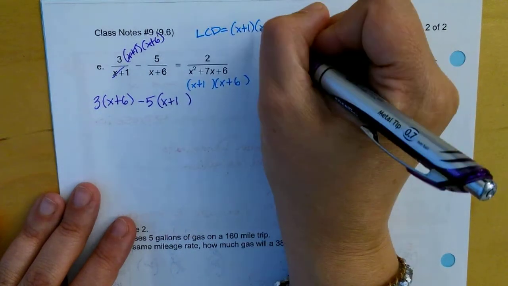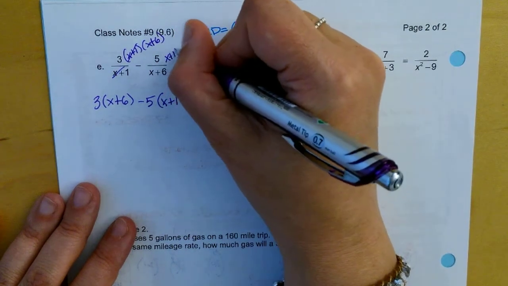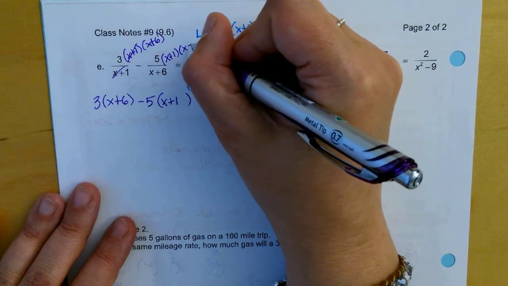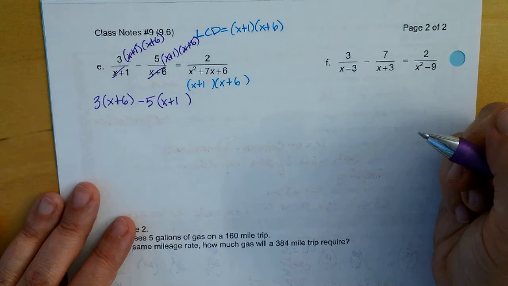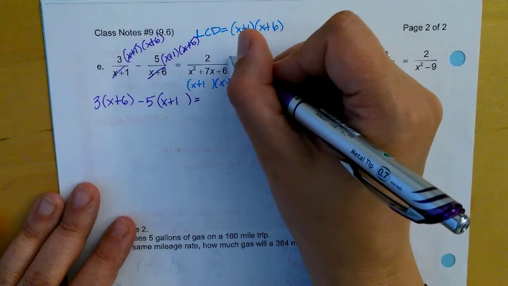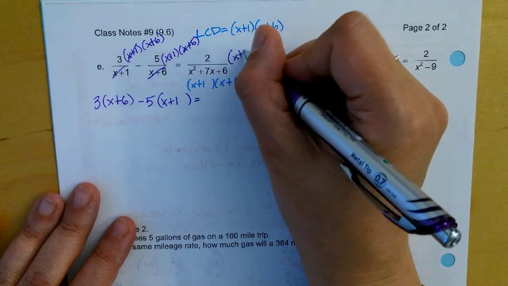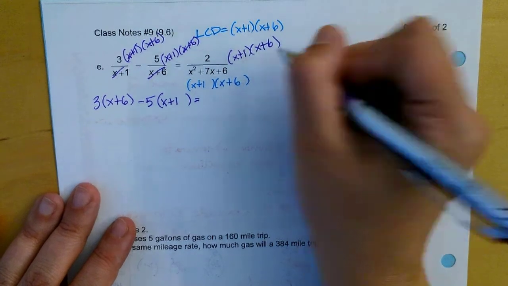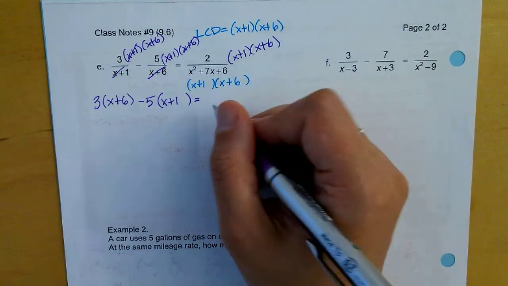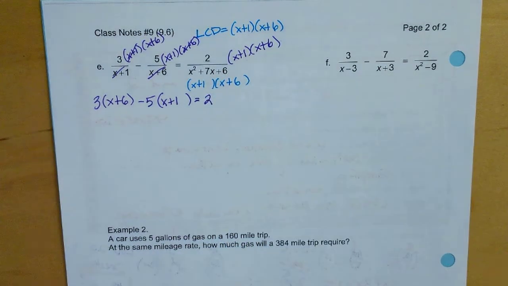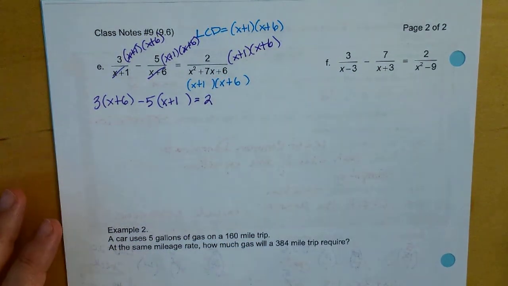Because if I multiply this by the lowest common denominator, x plus 1 times x plus 6, the x plus 6's cancel. And then if I multiply this one by x plus 1 times x plus 6, what's going to happen to the entire denominator? It's gone. And what's left on that side? Just 2. Good. Okay, any questions about how I cleared the fractions?